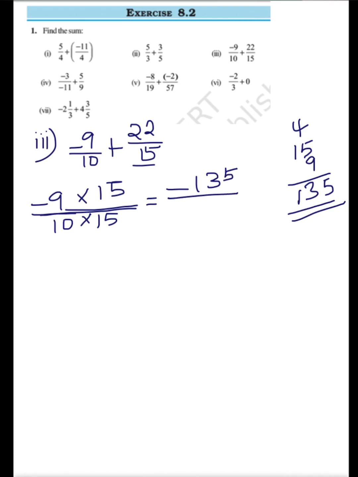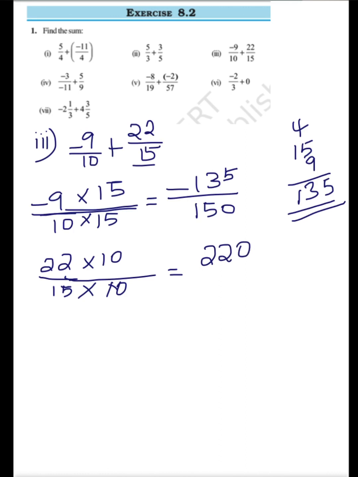Now what is 15 into 10? It's 150. Okay, now let's take the second number, which is 22 by 15, and multiply it with the denominator of the first, which is 10. So when you multiply it with 10, you will get what is 22 into 10? It's 220. What is 15 into 10? It's 150.